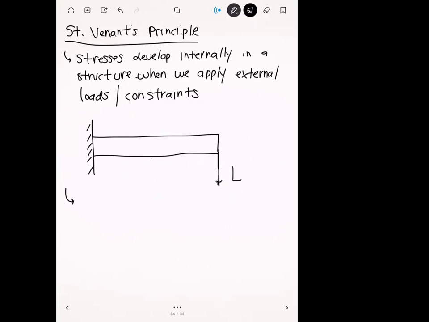And so, we know from the class today that, because we're applying this load here, and because we're fixing it to the wall, there are some stresses that have to develop within this beam in order for it to maintain static equilibrium, right?